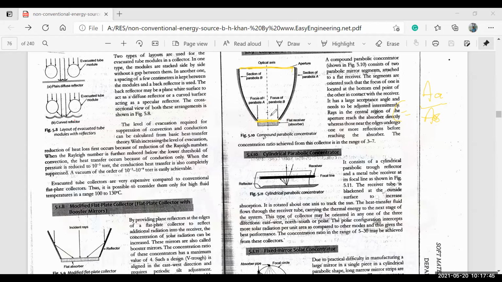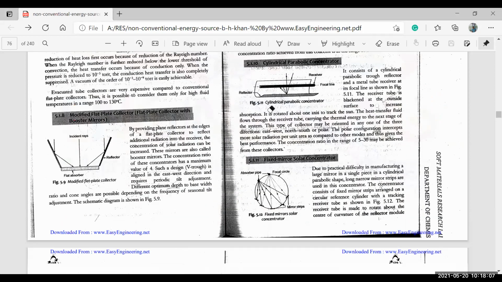So its ratio, aperture by receiver, is your concentration ratio. That's why, based on the figure only, you could see it is very high. So it's between 3 to 7 times, you could say. Okay, let's go.